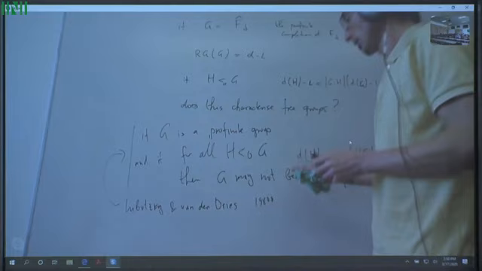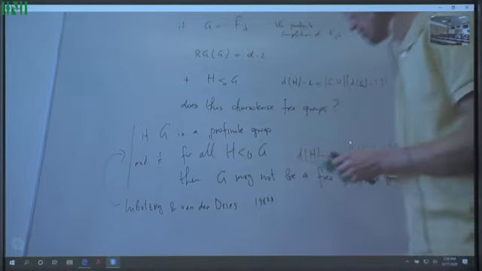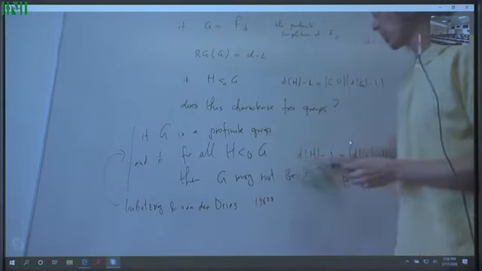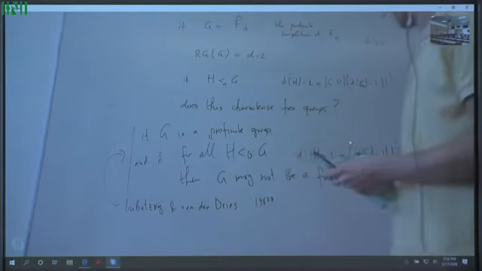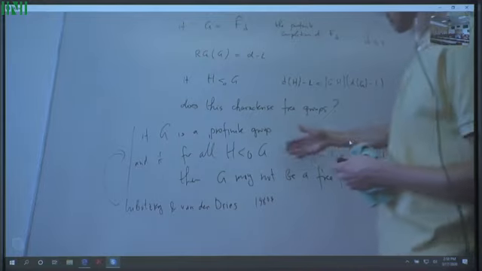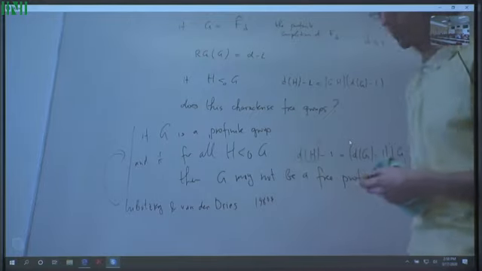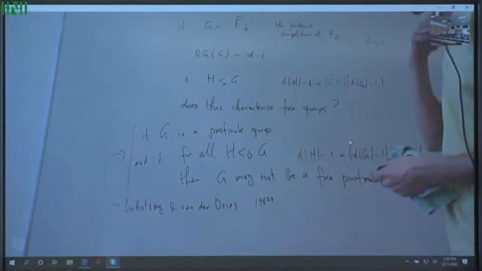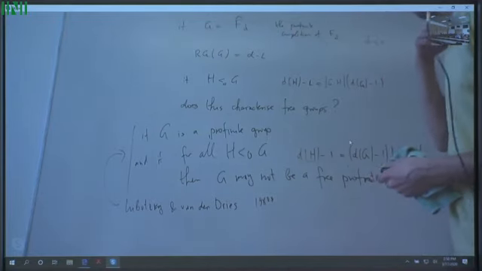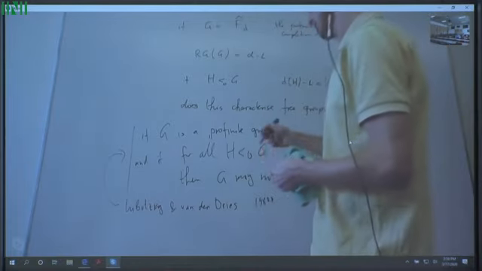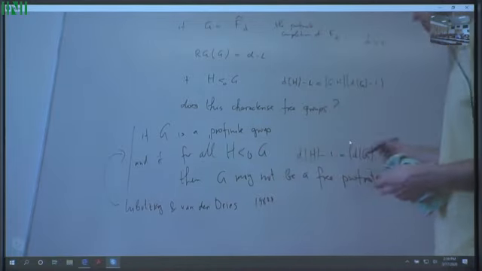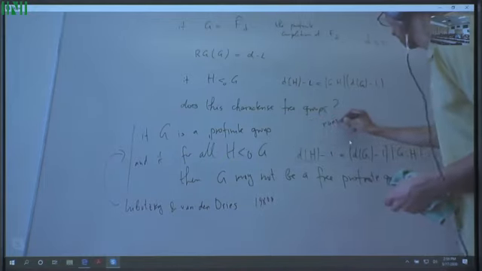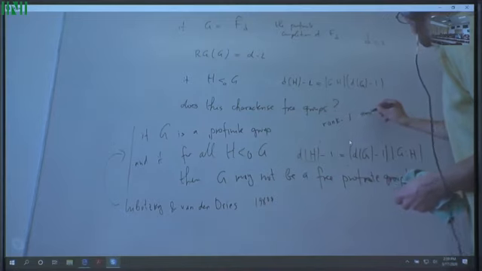And here's an open question: can one describe profinite groups with this property? Let's call it that a group has... I don't want to call this a Nielsen-Schreier property because there is a Schreier property which says something different for groups. Let's say that G has the rank minus 1 multiplicativity property.